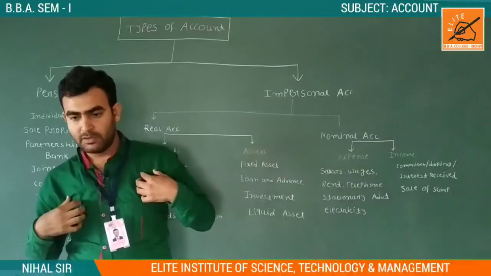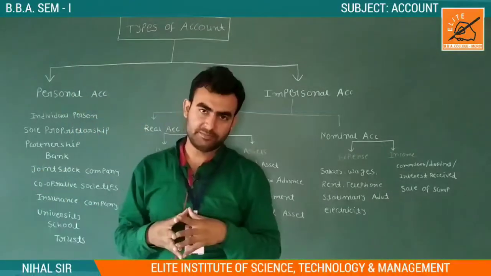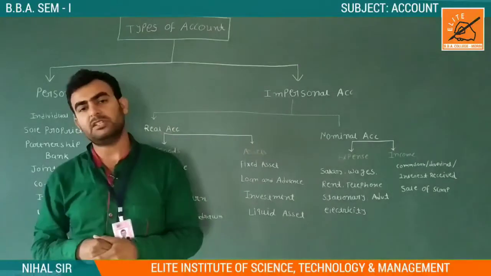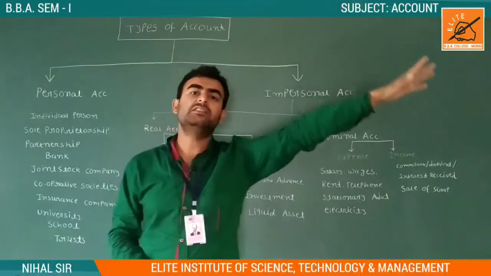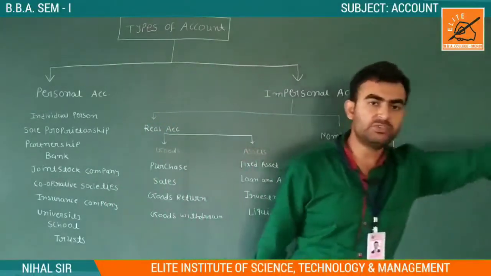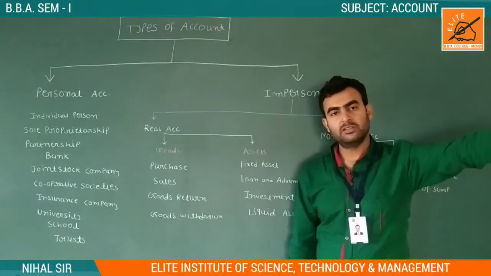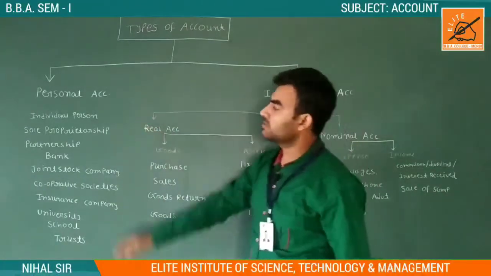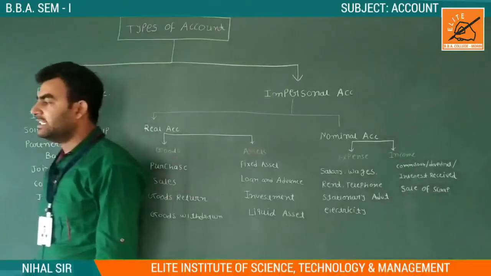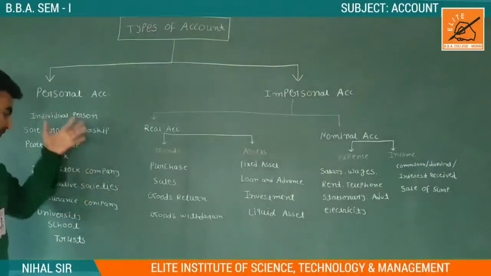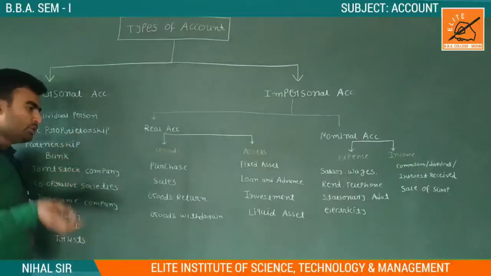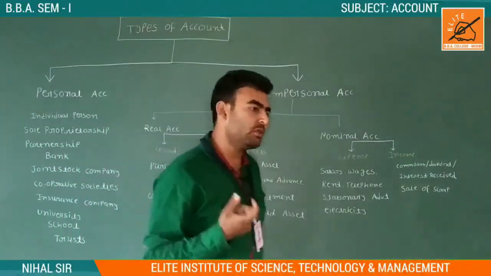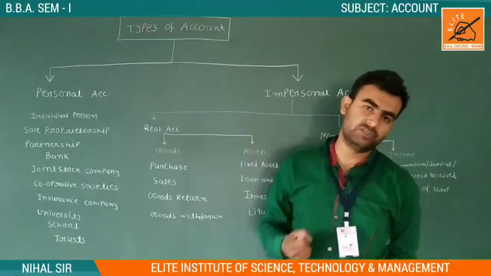So if we are a businessman and we sell a product to another person, what happens? The third person is either an individual, or some kind of institute, and it comes into a personal account. How many items come into a personal account? Before explaining, you should understand what a personal account is.